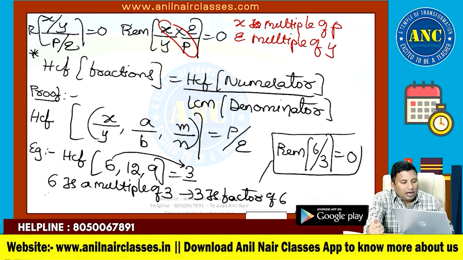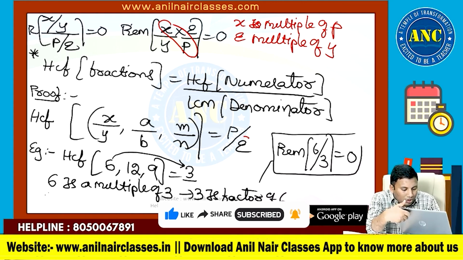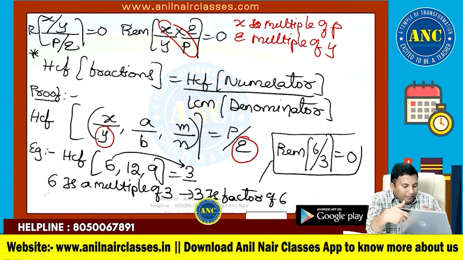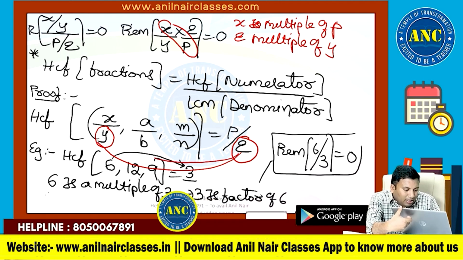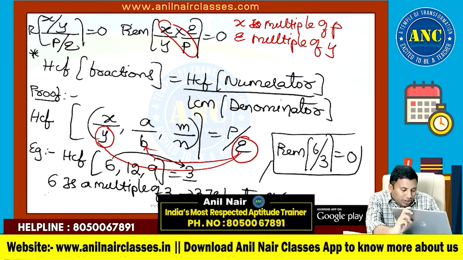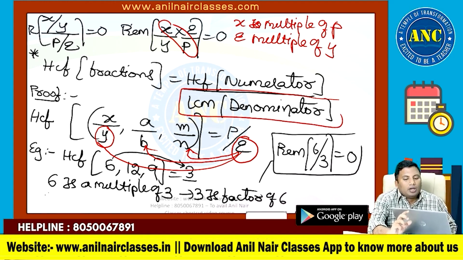Now, similarly, the next conclusion is q is a multiple of b. Then q is a multiple of n. If q is a multiple of y, b and n, obviously I will take the LCM of the denominator. Are you all with me?